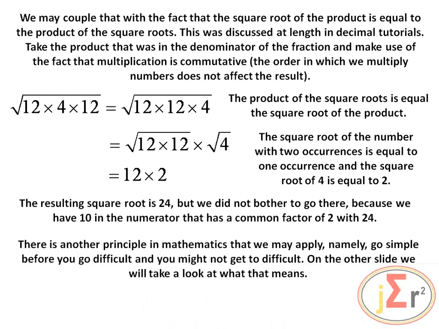There is another principle in mathematics that we may apply, namely, go simple before you go difficult, and sometimes you will not get to difficult. On the other slide, we will take a look at what that means.